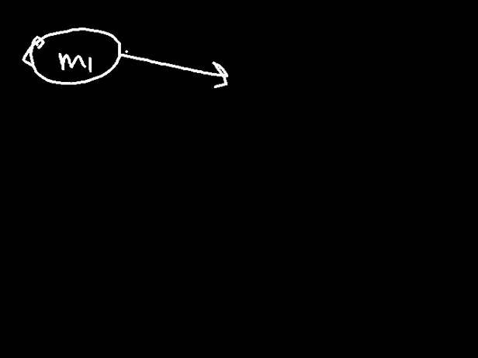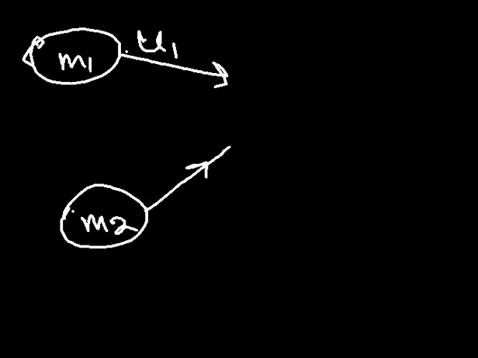So now how about in two dimensions? Let's say we have the object of mass 1 moving with initial velocity given as u1, and an object of mass 2 also moving in this direction with initial velocity given as u2.